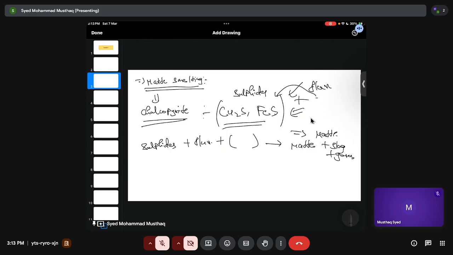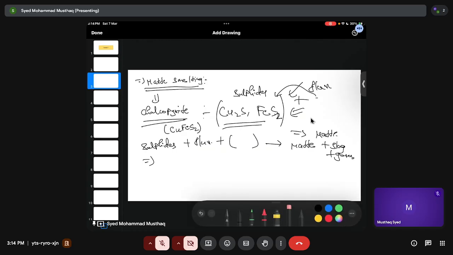Now we know in copper extraction we normally use chalcopyrite ore. So chalcopyrite is nothing but CuFeS2, right? This is the chalcopyrite, and then also FeS2. If we are talking about Cu2S, then it should be FeS, right?